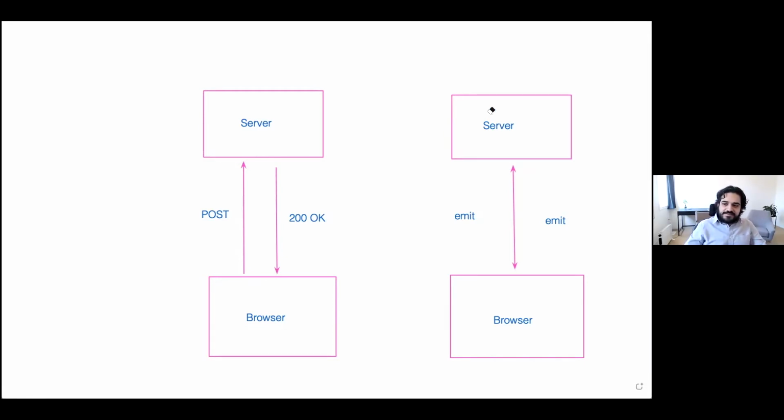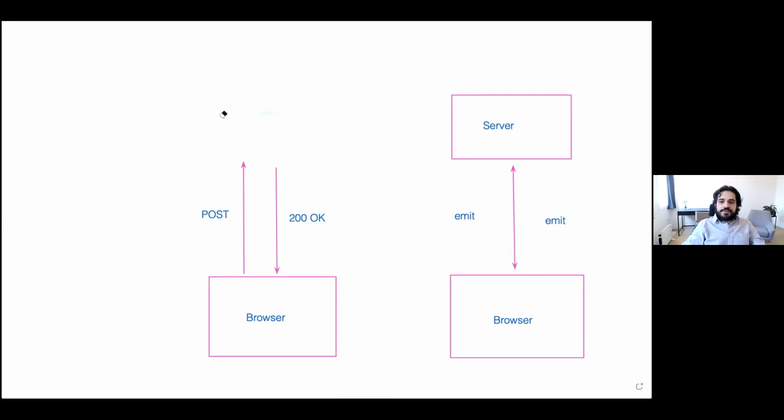So yeah, the server emits and the browser listens, but the browser can also emit and the server can listen. So this gets way more dynamic. How does this affect your code? Well, now all you have to do is listen for the other person's message.